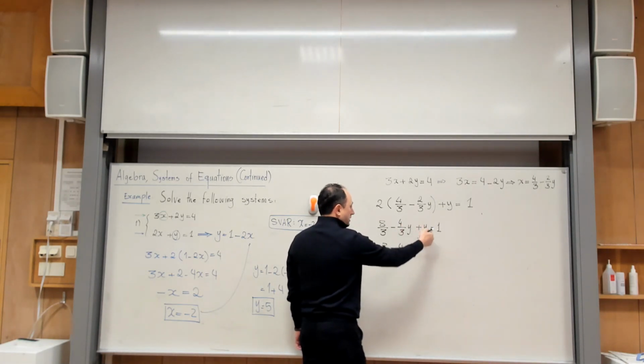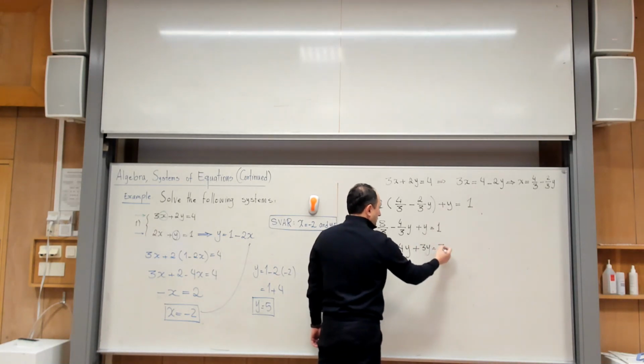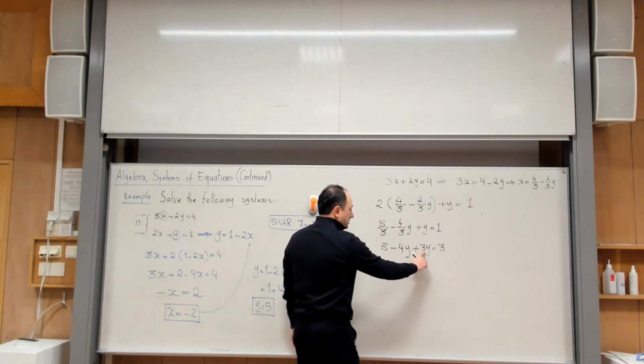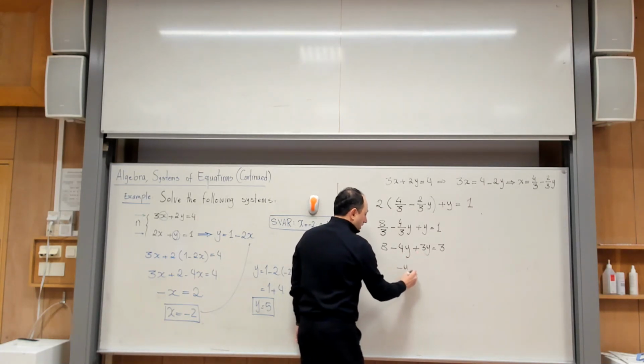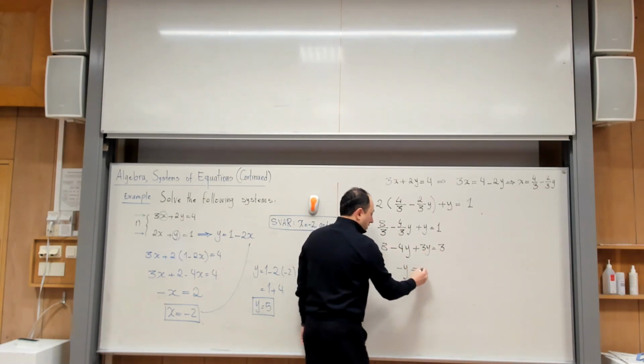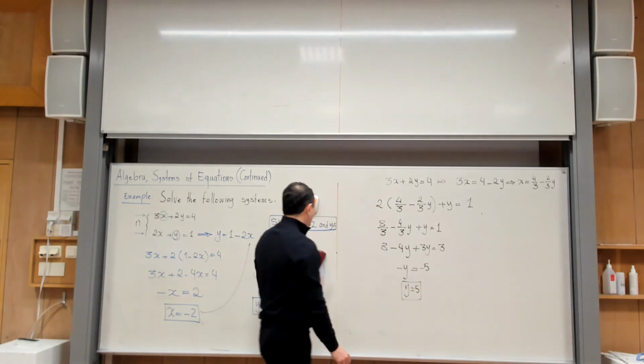I multiply this by 3, it becomes 3y. And I multiply this by 3, it becomes 3. Then minus 4y plus 3y is minus y equals, I move 8 to the other side, it becomes 3 minus 8, it's minus 5. And then y becomes 5. And that is exactly as we got here.